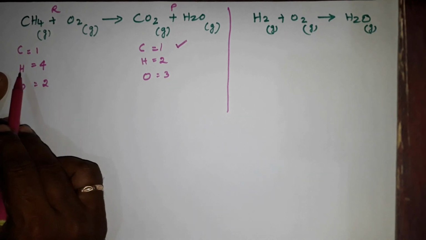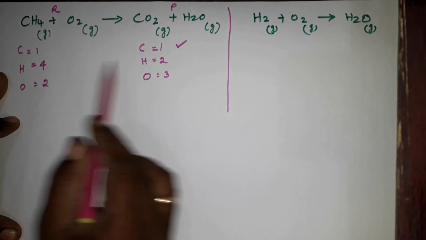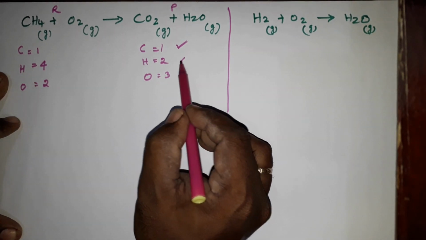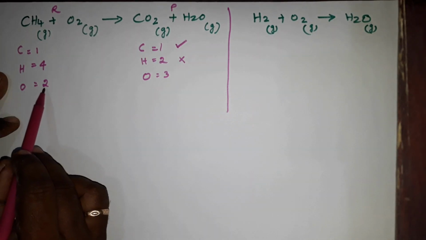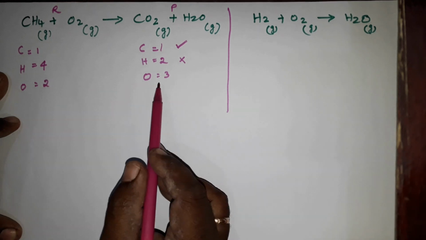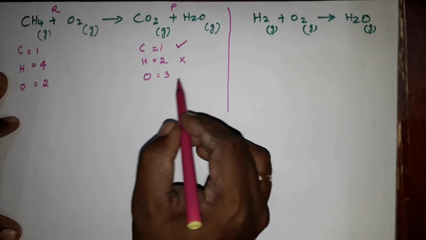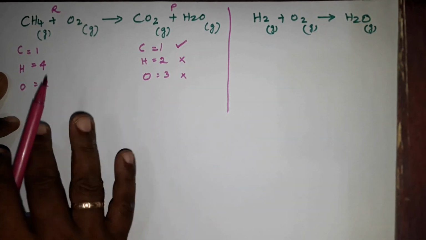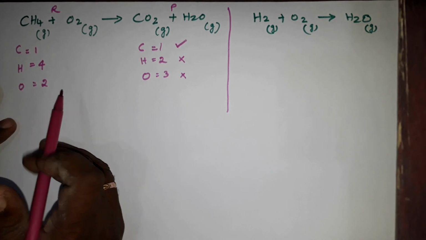Then second, hydrogen: reactant side 4 atoms, product side 2 atoms. So this is not balanced. Next oxygen: 2 oxygen atoms on the reactant side, 3 on the product side. So this is also not balanced. For balancing, both sides must have an equal number of atoms.